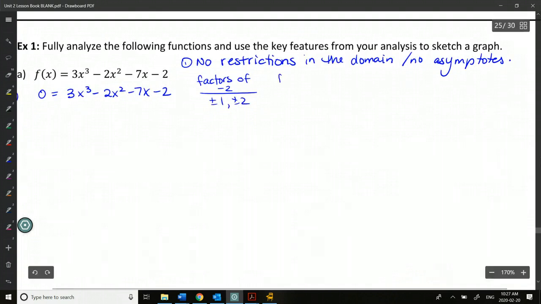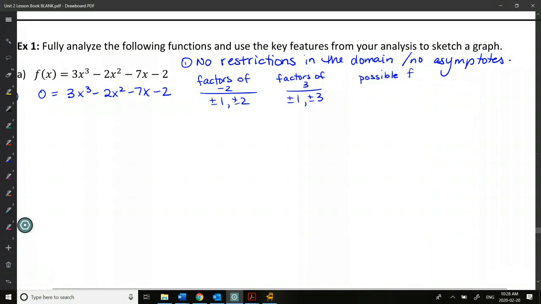And we will also find factors of the leading coefficient. So that will be plus minus 1 and plus minus 3. Our possible factors, the ones that we test in the polynomial, are all combinations of factors of the constant over factors of the leading coefficient.